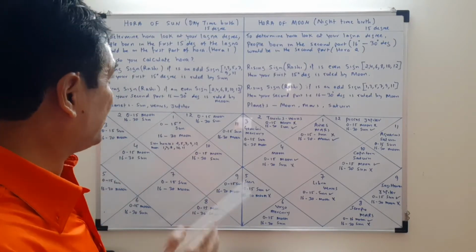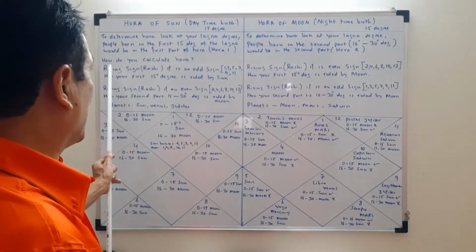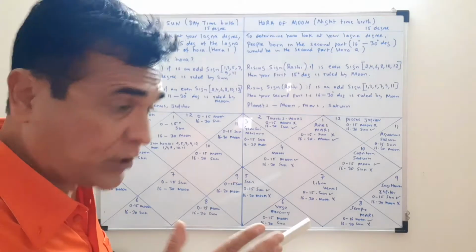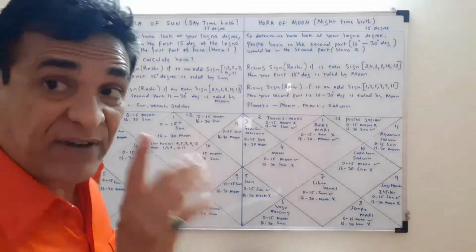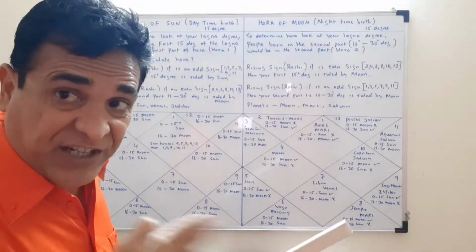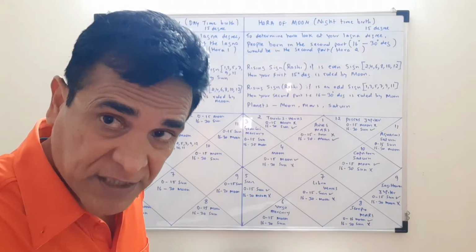And if you are born in the first 15 degrees, it will be ruled by Sun. I will repeat my statement. Rising sign Lagna, if it is in an odd sign, first you look whether it is an odd or an even number written over there. And if you were born in the first 15 degrees, you will be ruled by Sun.